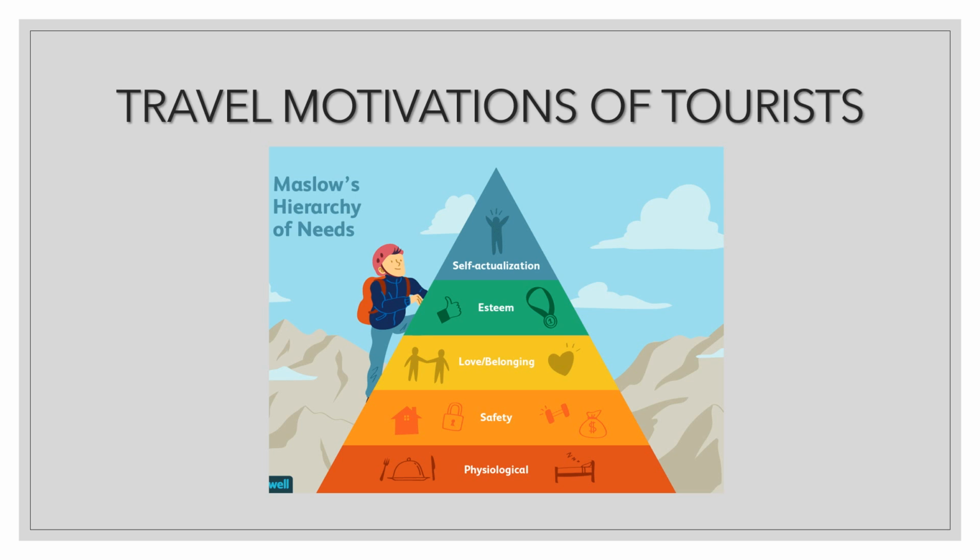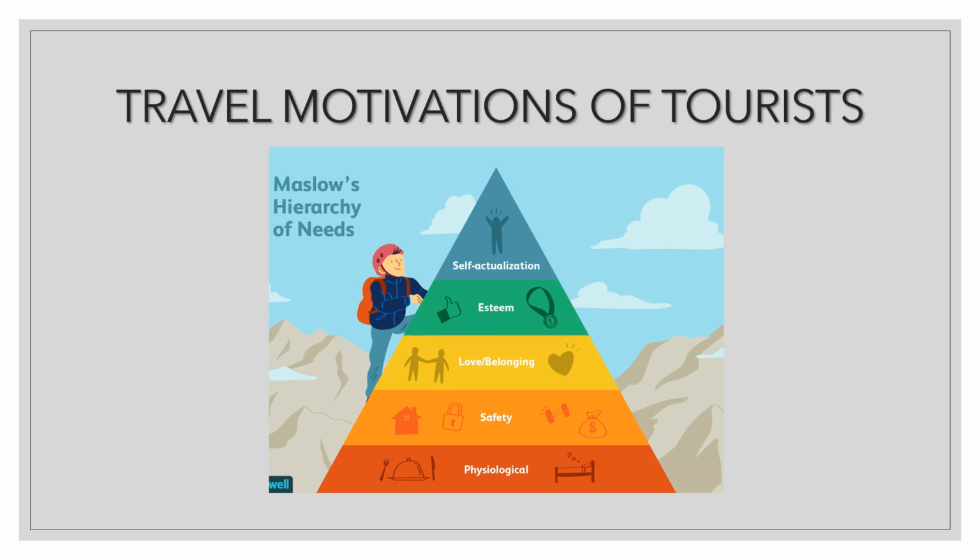The last level of Maslow's hierarchy of needs is self-actualization. So it is the highest level because it is more on self-fulfillment. So this is somehow related to our motivation to be more knowledgeable and be more educated. Or we travel because we want to fulfill our desires or our goals in life.